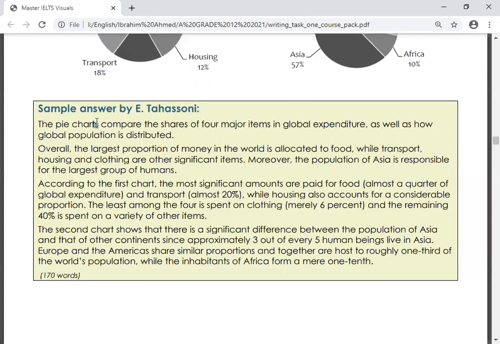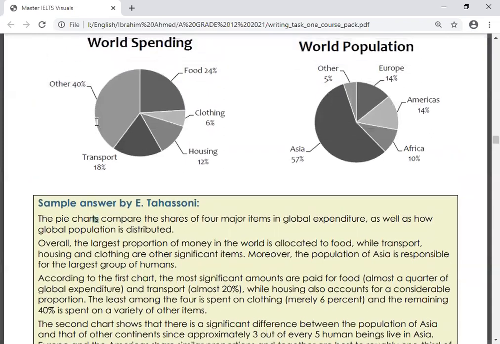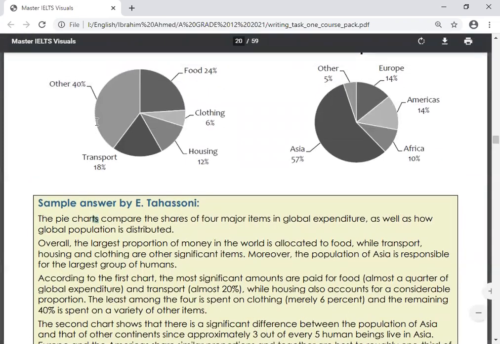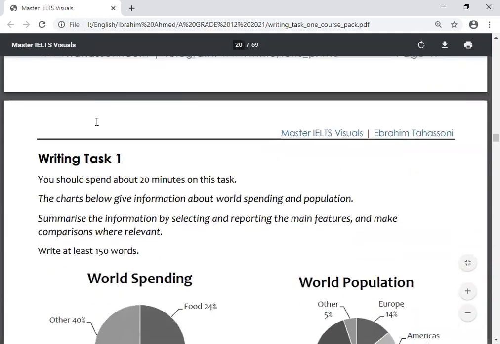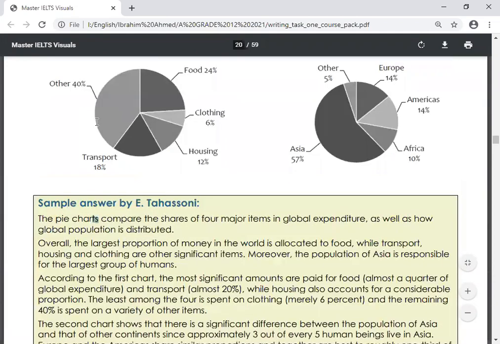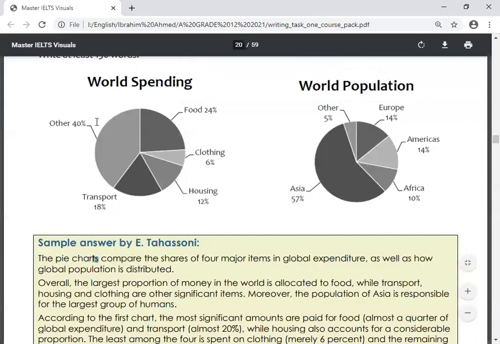The pie charts compare the shares of 4 major items in global expenditure. The 4 major items are food, clothing, housing, and transport, in global expenditure. Global expenditure instead of world spending. Good paraphrasing. Okay, as well as, what about the other part?